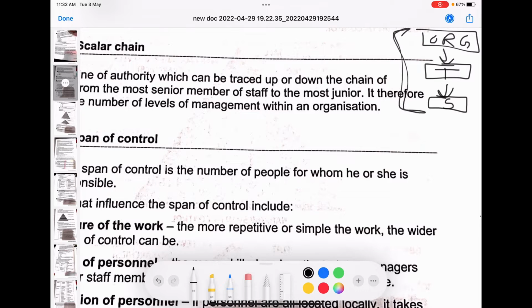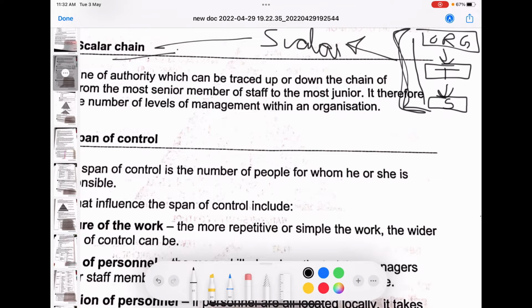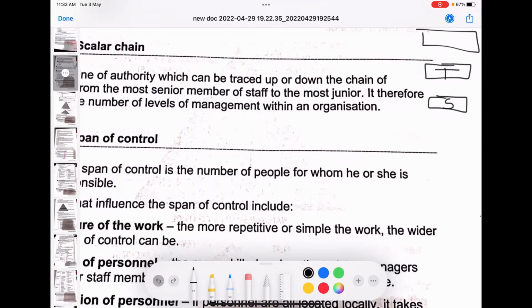So what is this pathway? This is known as the scalar chain. Scalar chain is the line of authority. It's simply the pathway of authority.